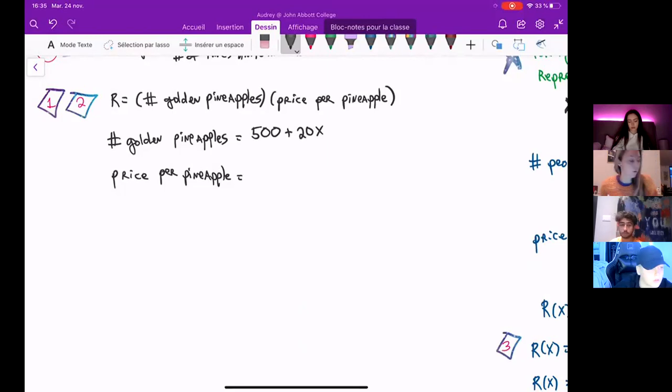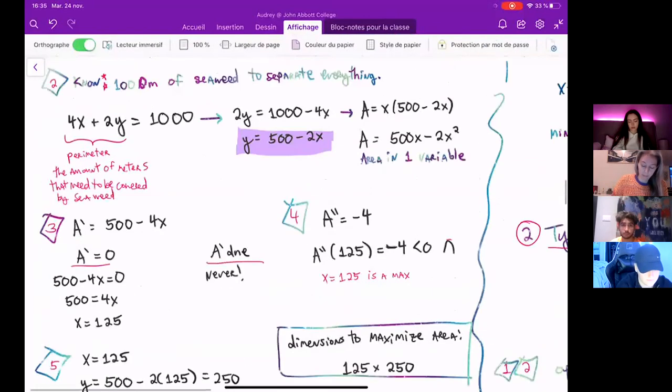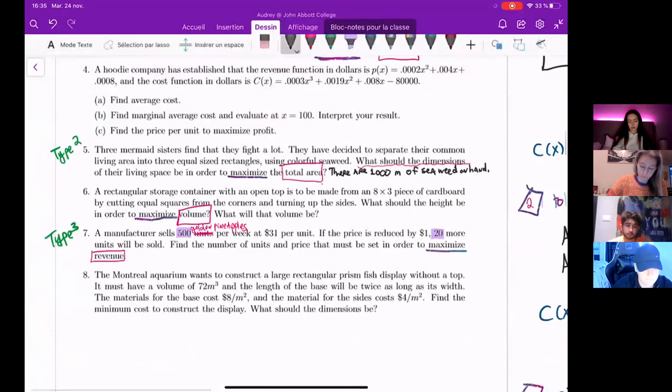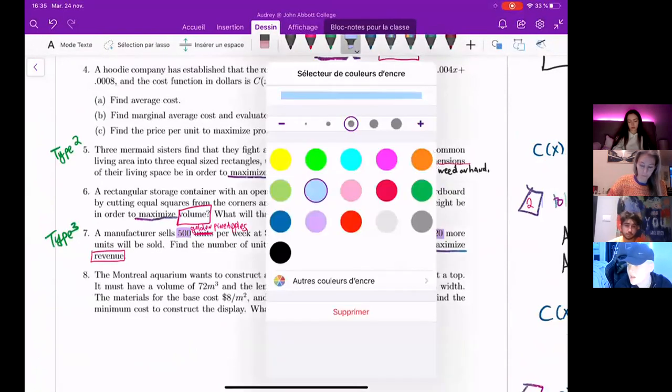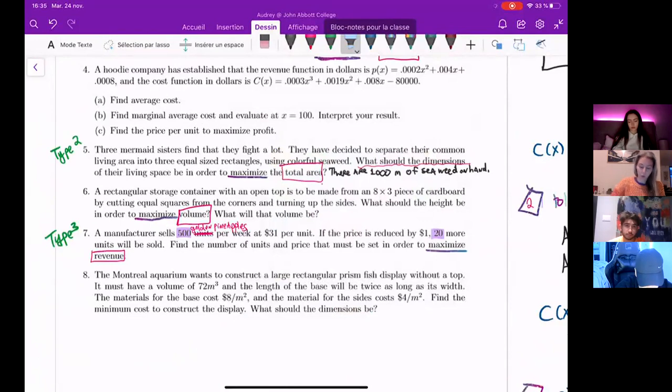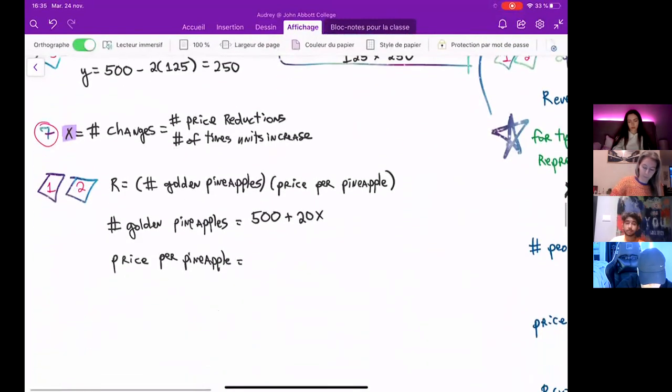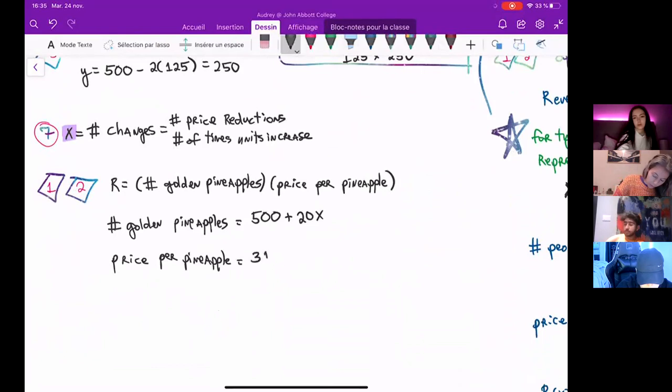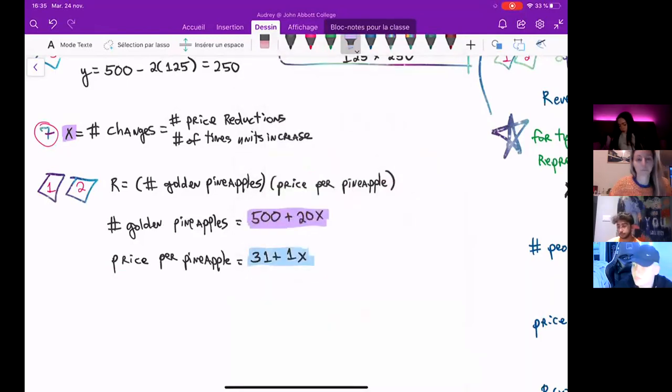What's my base price here? 31. And how much is my price changing by at a time? $1. $1, you got it. So then I'm going to have 31 plus 1x. So this is 31 plus 1x. And that was from the blue stuff we highlighted, and this was from the purple stuff we highlighted.